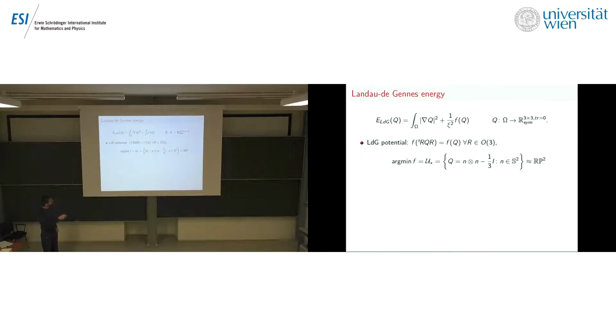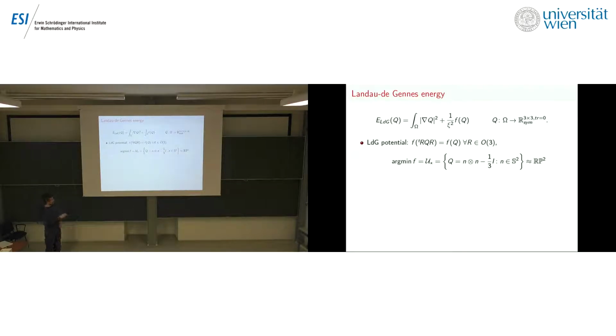And Q, as always, takes values in the 3x3 symmetric traceless matrices, which represent the orientation of the molecules locally. And for the Landau-de Gennes potential, you could think of the polynomial form that we saw before, but what we will actually be using is that it has this physical symmetry, frame indifference, and that it is minimized exactly at uniaxial Q tensors with a fixed scalar order parameter.